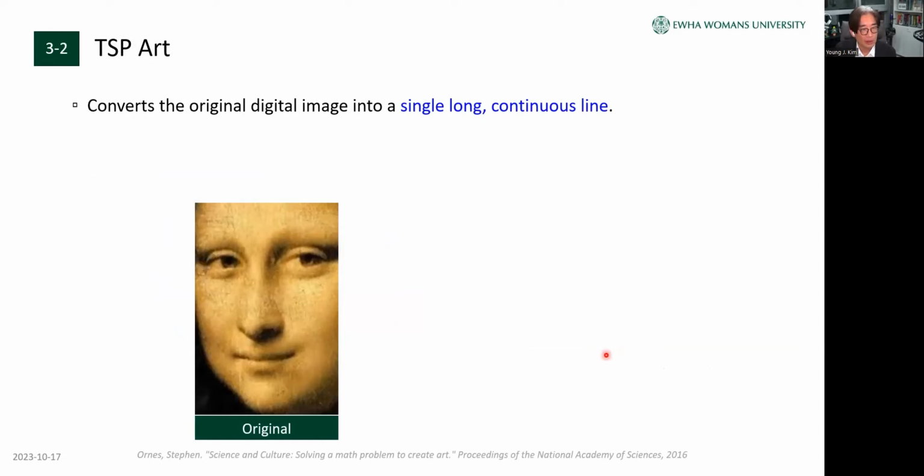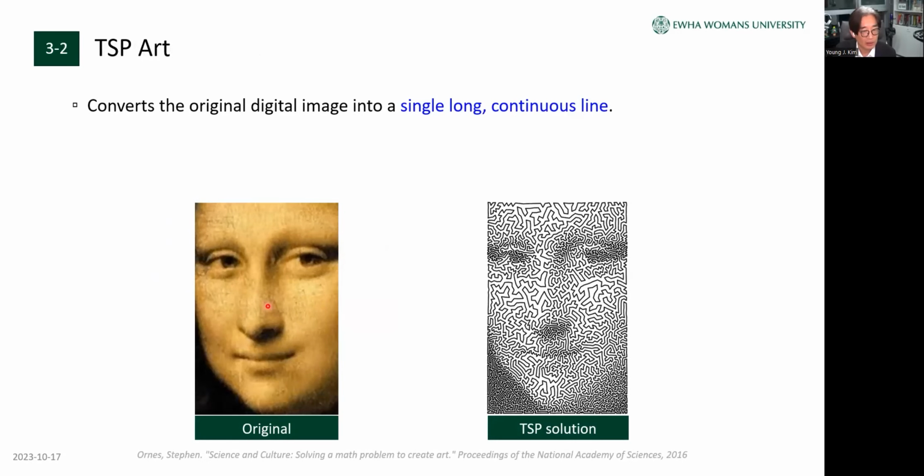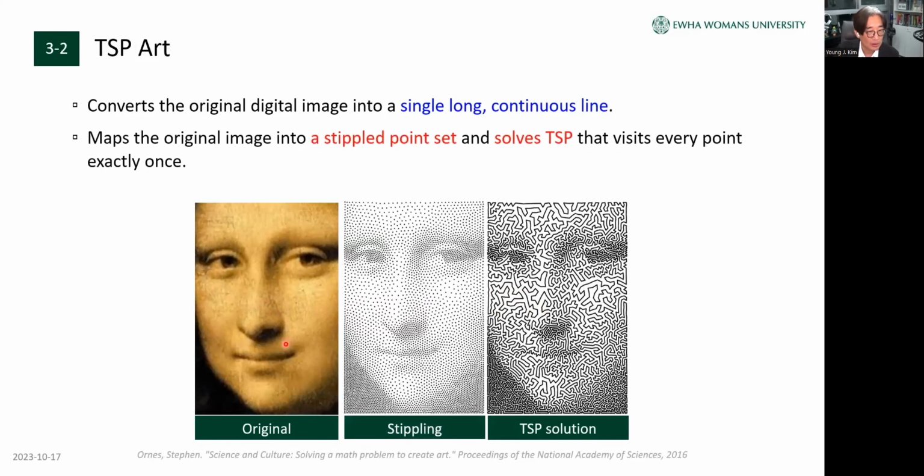And another possibility that I mentioned earlier was a so-called TSP art. This is some kind of art form where, given the original image, we want to find one single long continuous line which approximates the original image. The way people typically generate this TSP art or TSP solution is that from the original input raster image, we estimate the density of each point by stippling, so that the density related to the stippling points approximates the tonality of the original input.